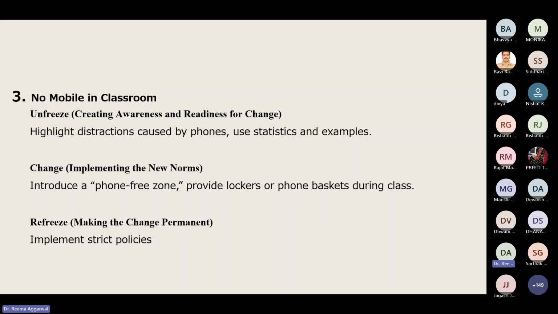Second is the change stage where we will be implementing the new norms. That means a phone-free zone. I could provide them lockers, I could provide them baskets so that during the class they could keep their phones. And last is the refreeze stage, where you will make the change permanent.